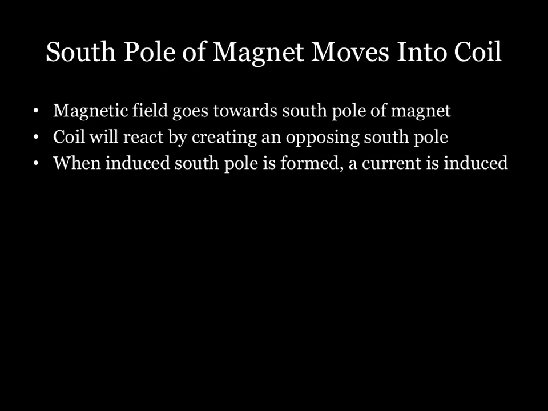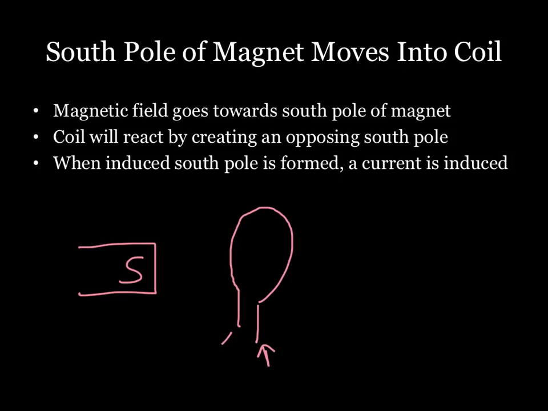In our second situation, the only difference is that we're going to talk about the south pole moving into the coil of wire. So here's my south pole, and again, here's my current. So just so you know, this is going to be my front part, this will be my back part of the coil. And in this situation, remember that magnetic fields go into the south pole. But remember that we're going to be pushing this magnet into the coil of wire.